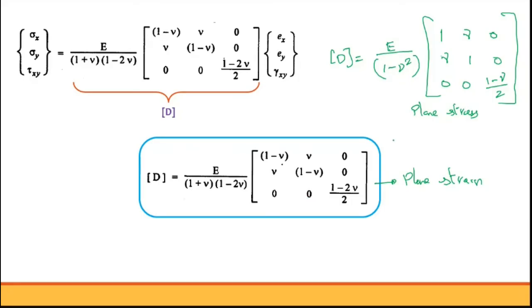You can see the difference. You have a difference in your E values, and you also have a difference in the diagonal. Other things are the same. So based on your problem, you have to consider the D matrix. Only this will be different.